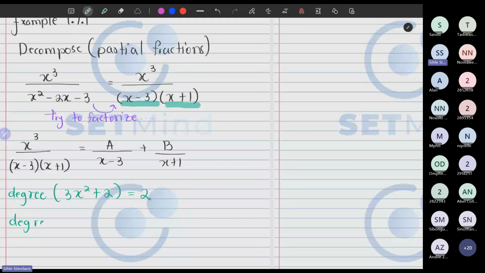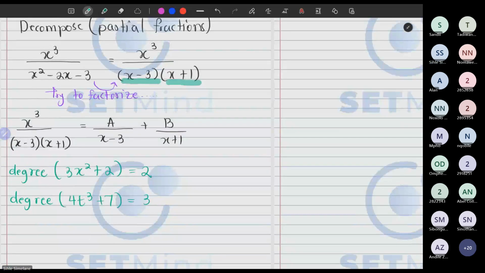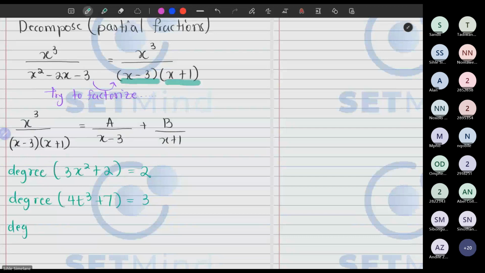And then the degree of, if I have 4x cubed plus 7, the degree here is 3. If I have x plus 1, the degree is 1. So from looking at this, what can you say is the degree here?